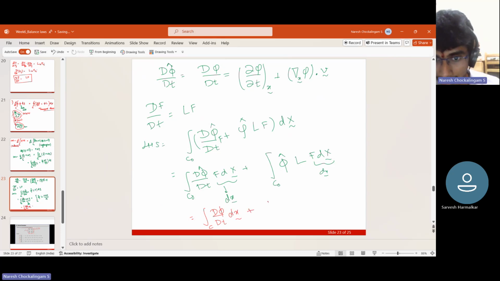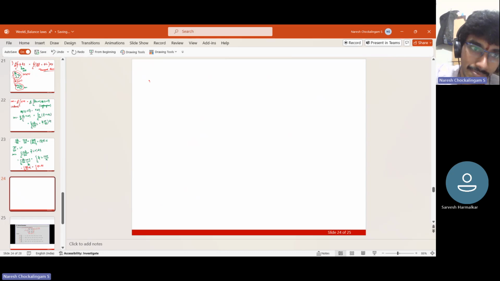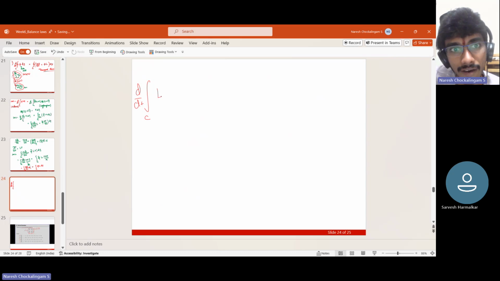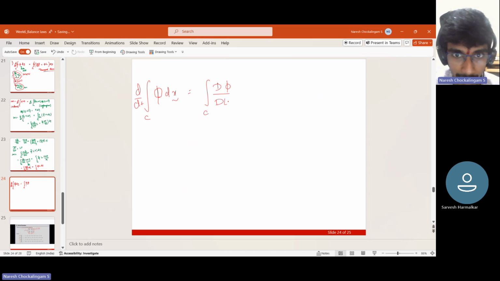dx, plus the integral over C, you get a phi, the cap will go away, L dx. So put them together. You get d by dt of the integral over C of phi dx, which is nothing but the integral over the same curve of d phi by dt plus phi L dx.